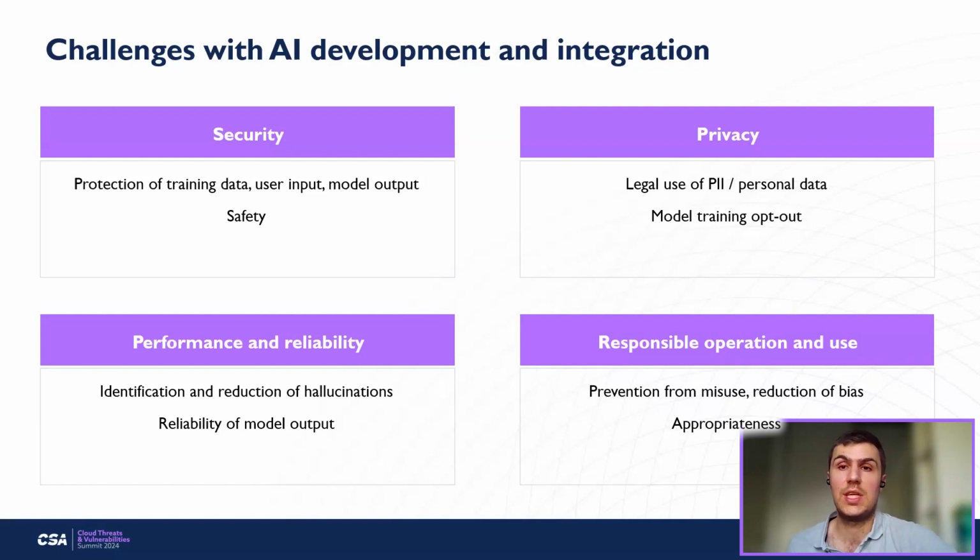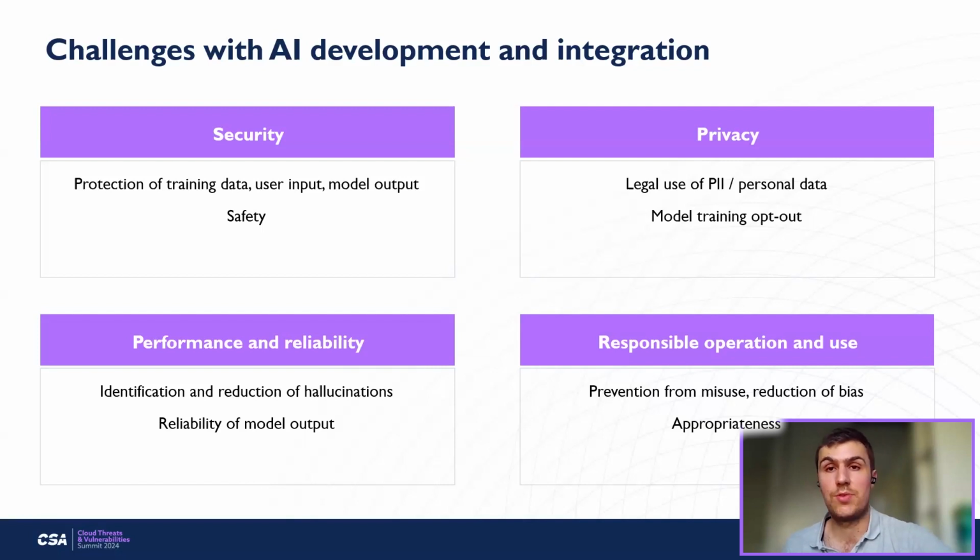In terms of privacy, we would be looking at what happens with personal data or personally identifiable information when it goes into the system and when it goes out of the system. Many organizations are looking at opting out from using their data to enrich the model in terms of model training.